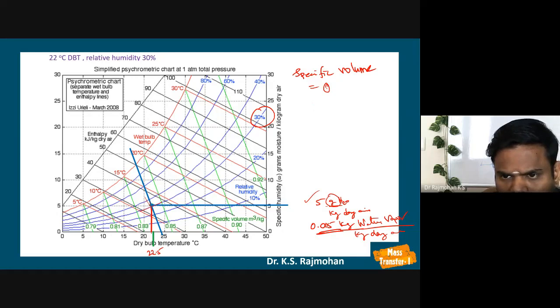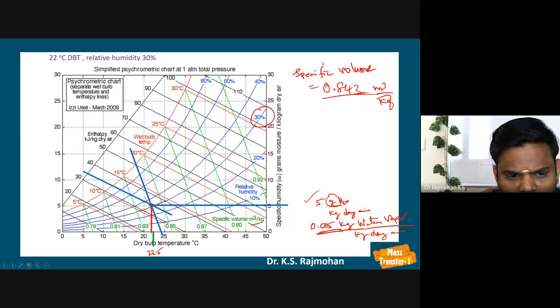So you can say 0.84, slightly higher, close to it only, right? So you can say 0.843. What is the unit for the specific volume? Meter cube per kg.